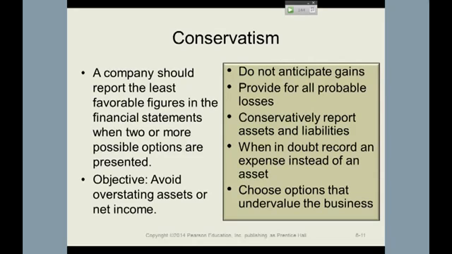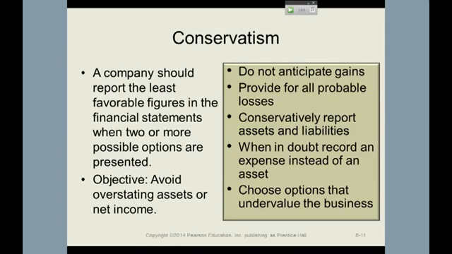For example, if you were involved in a lawsuit and there was evidence that you could probably win, we don't put those gains in our financial statements until you actually win. We want to be sure there's an actual result. However, if you're being sued and there's a good chance you're going to lose, we put that in the financials. We would accrue those losses if it's very probable that you're going to lose.